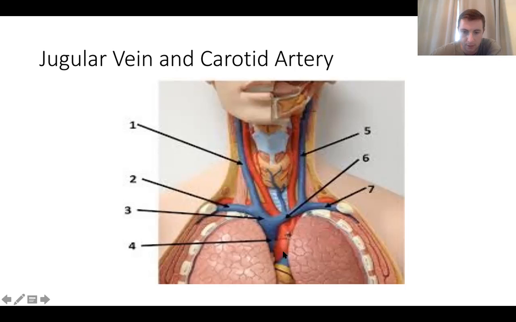So this is the aorta right here. The aorta breaks off into those three smaller portions. This is the brachiocephalic trunk that we already talked about. The brachiocephalic trunk will then turn into the right common carotid artery right here, and then the right subclavian artery here.